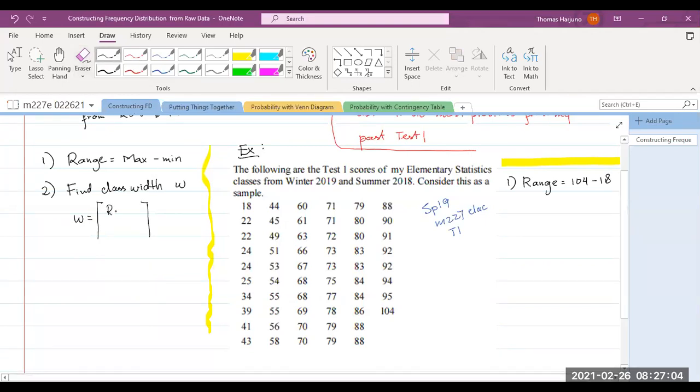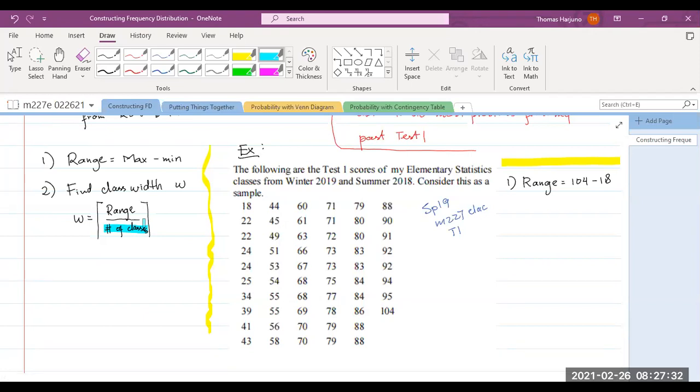So that's the range over the number of classes. Now, in my class, the number of classes is always given. In fact, every teacher who asks you to construct a frequency distribution will always need to tell you the number of classes.